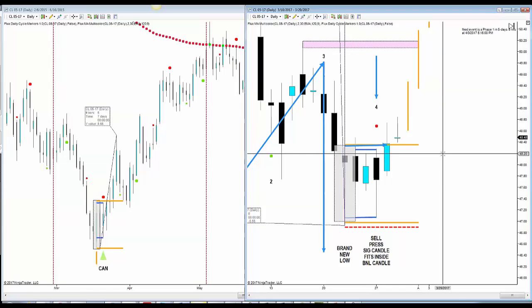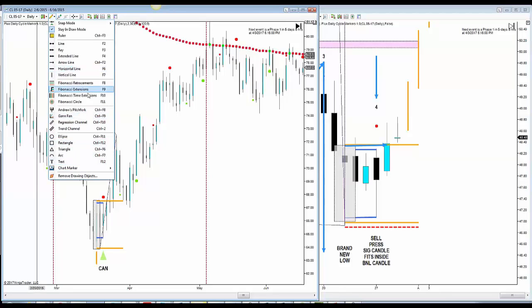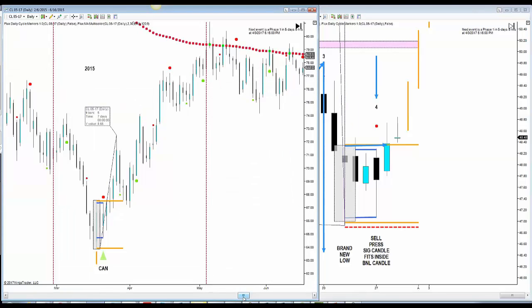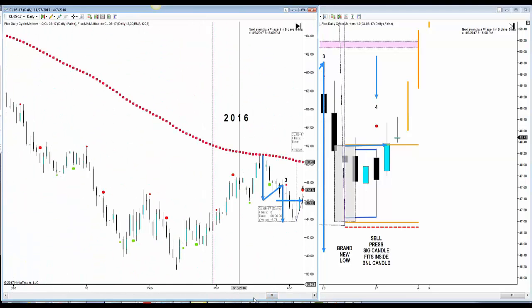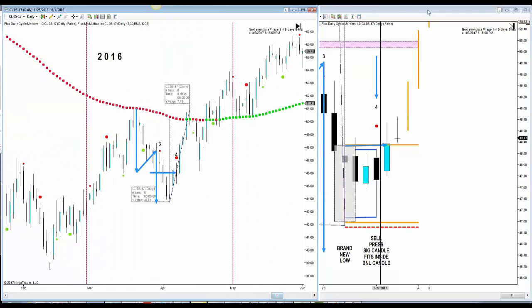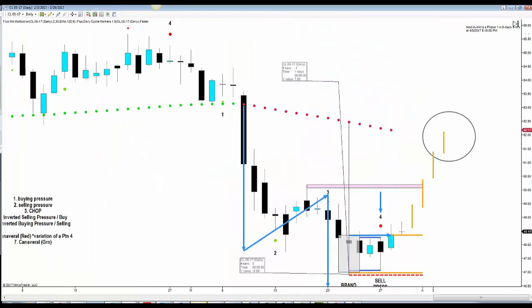We are bullish into the phase one using 2 years worth of signals. This is 2015. The same pattern occurred last year in 2016. And the same pattern is occurring right now in 2017.